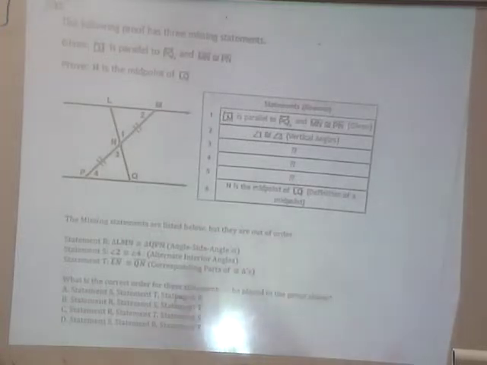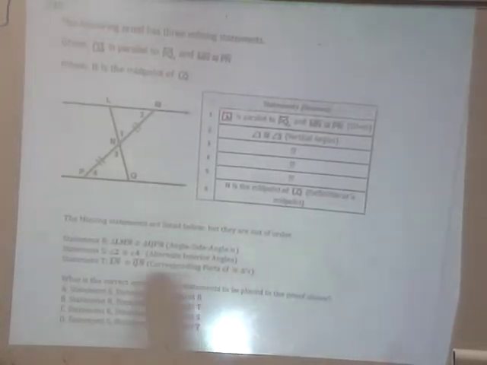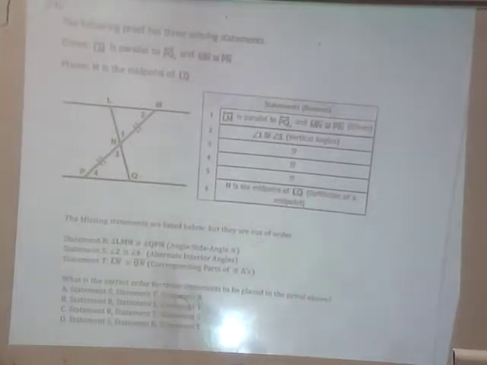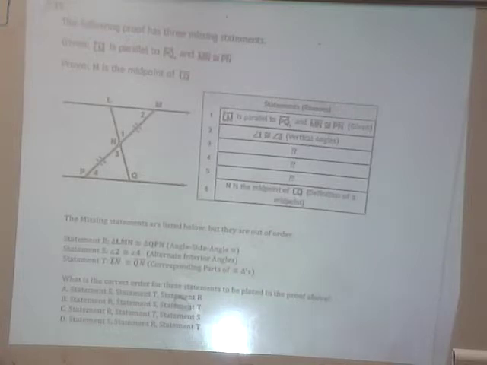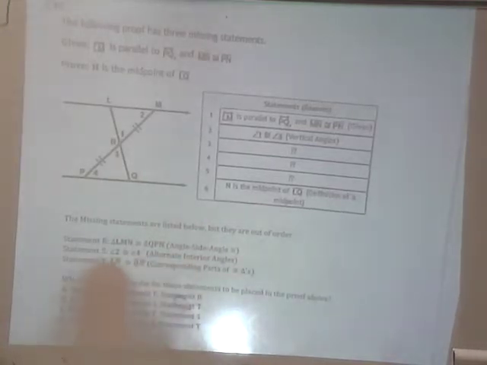So before corresponding parts of congruent triangles has to be one of those 5 reasons that we prove congruent triangles that I erased today: side, side, side, side, angle, angle, side, angle, or hypotenuse leg, right? So right above CPCTC has to be one of those 5 reasons. Okay? So the order for S and T has to be that order. S has to come first, because we prove congruent triangles, then it has to be T.